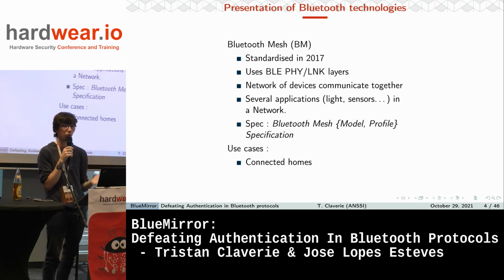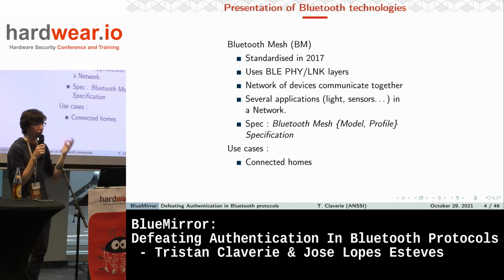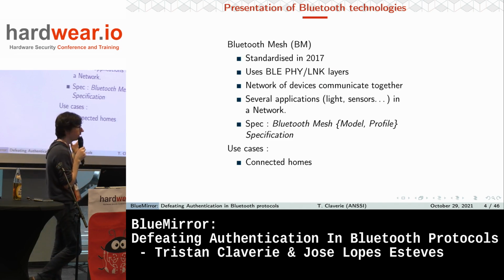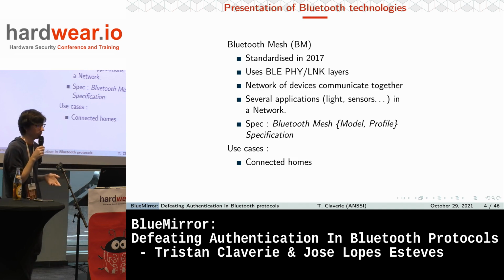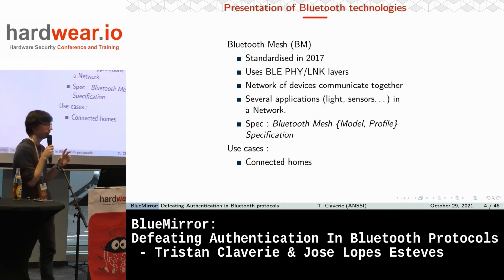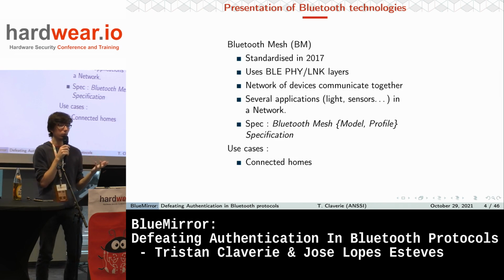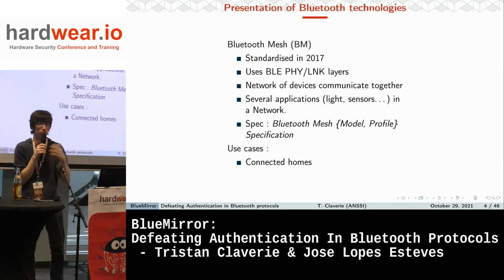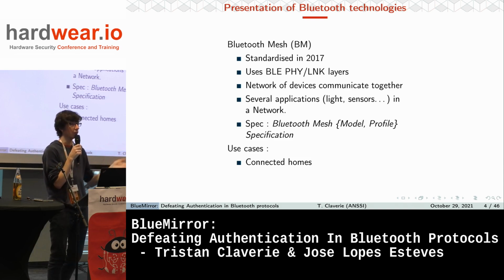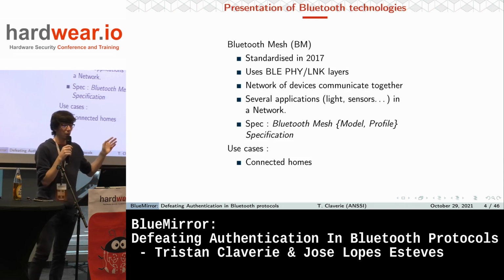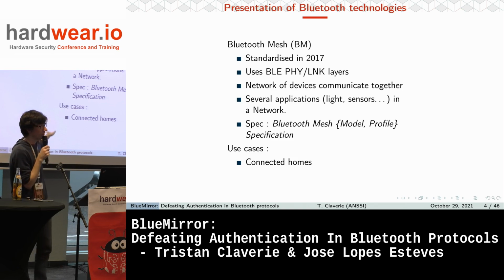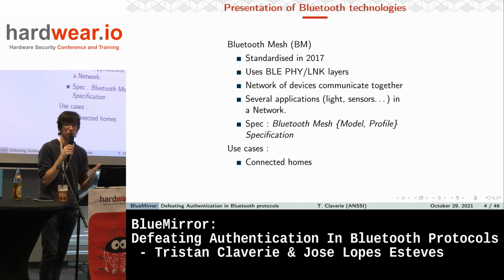Bluetooth Mesh is a bit of a different protocol because it creates a network of devices out of single and unprotected BLE links. The idea of Bluetooth Mesh is to have several devices which represent applications in a network. Bluetooth Mesh applications are typically connected homes.